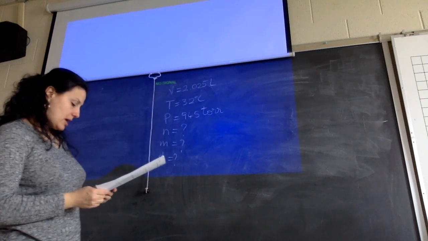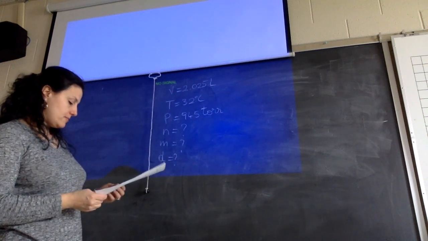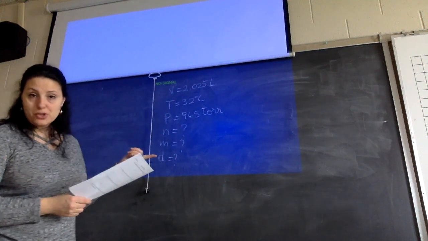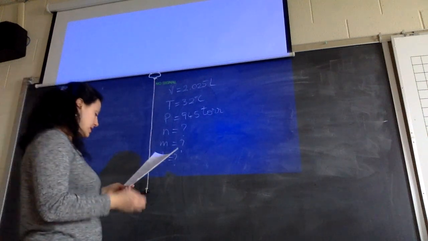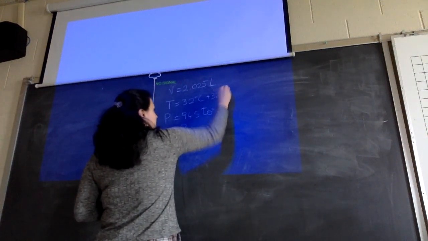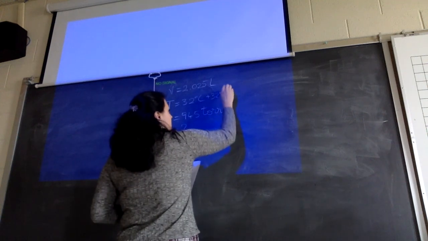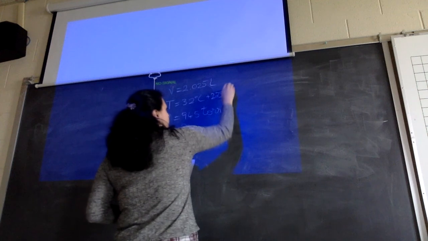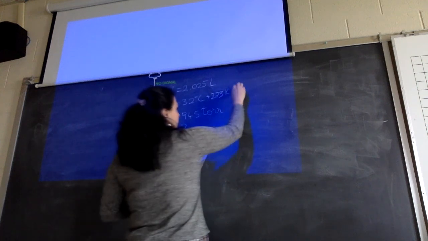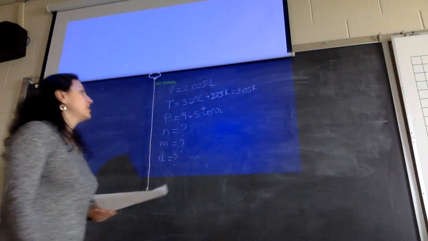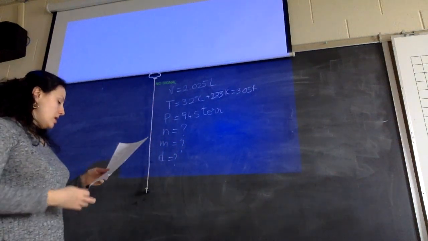So, I can, first of all, get my temperature changed to Kelvin. So I add 273 Kelvin to get 305 Kelvin. Okay, that's my temperature.